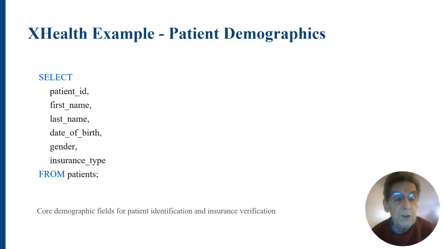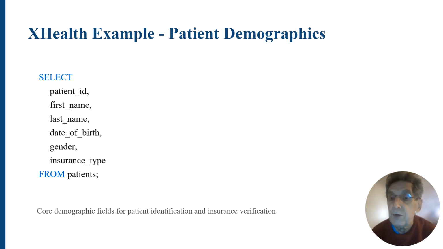Here's another useful example. Retrieving patient demographics. We're selecting patient ID, first name, last name, date of birth, gender, and insurance type. This is a very common query pattern for patient identification and insurance verification. Notice we're not selecting everything.